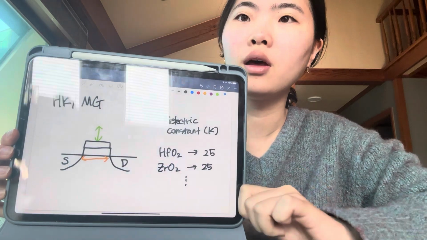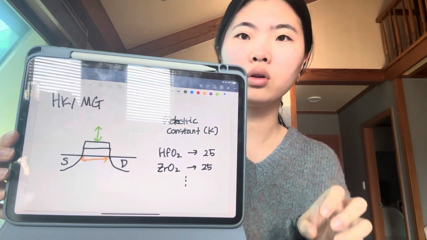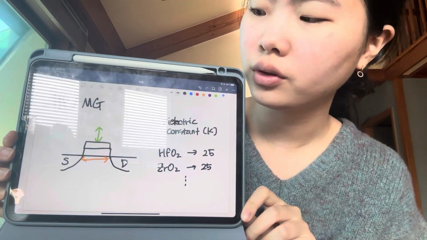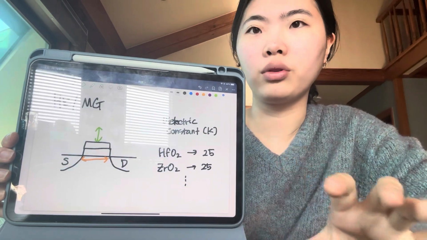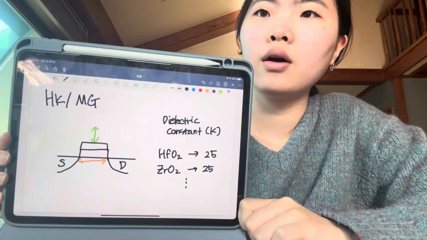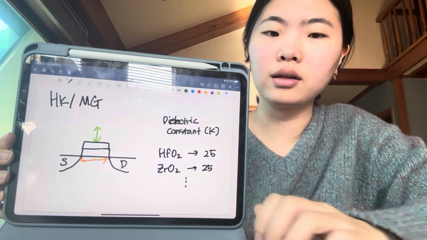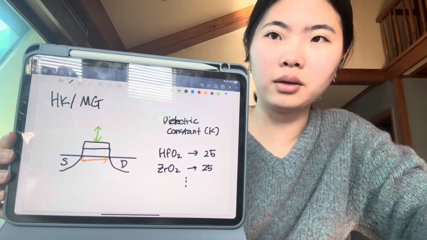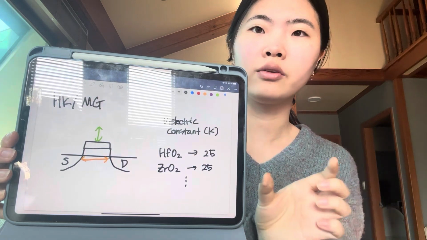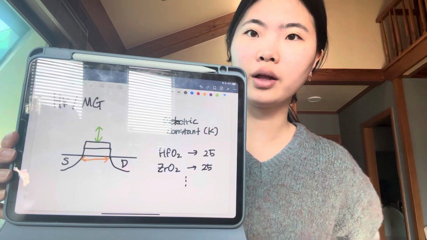Engineers make solutions for gate coupling, because with the scaling down of the lateral side, we cannot control the gate as well as before.